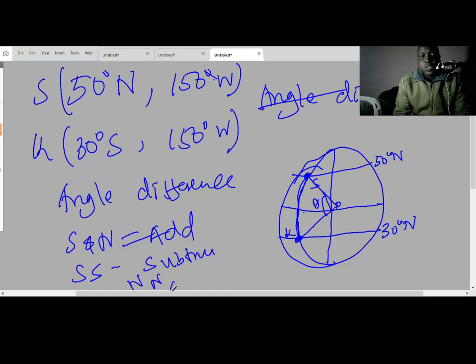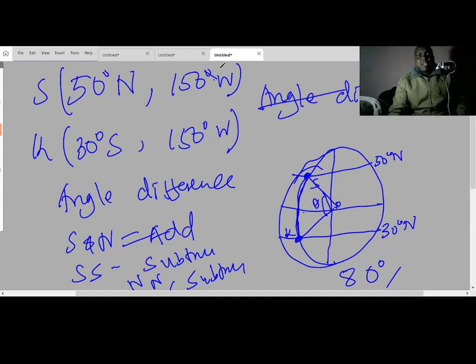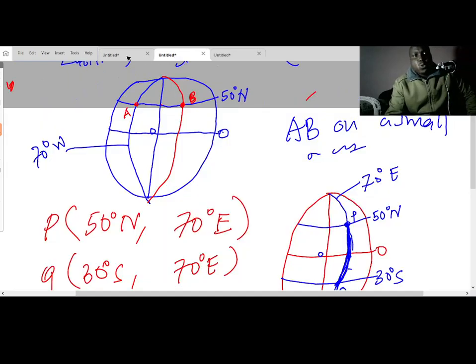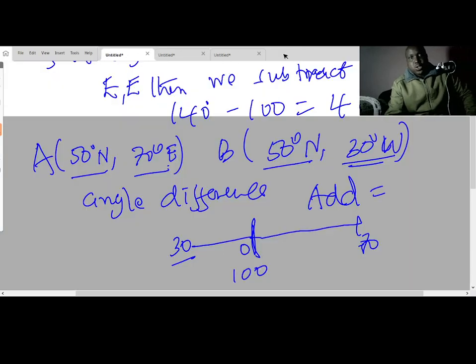North, north, subtract. When they are on the same side, you subtract. When they are on different sides, you add to get the angle difference. So the angle difference here is 50 plus 30, which is equal to 80 degrees. Having said that, allow me to do a question now, and then we will see how to go about it.